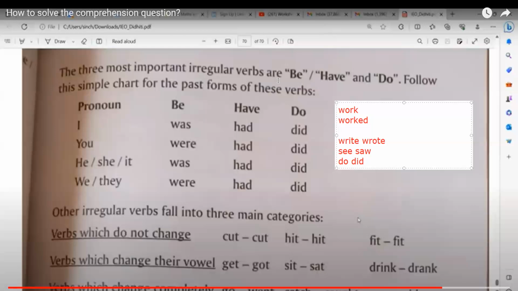Shivam, give me an example with we and were. We were very busy last week.